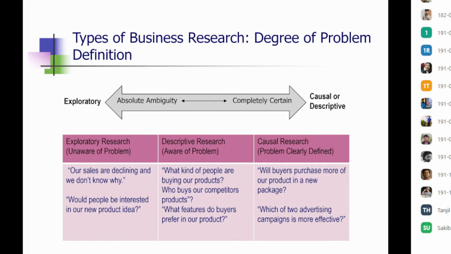Let's say we know teenagers prefer energy drinks, but we don't know who they are, from which family background they come, whether they are male or female, what their educational background is.